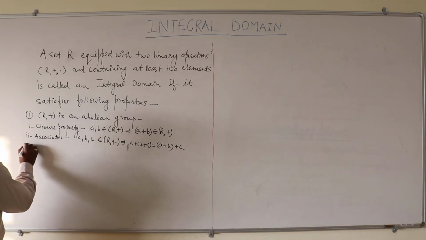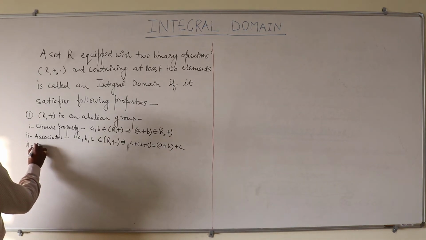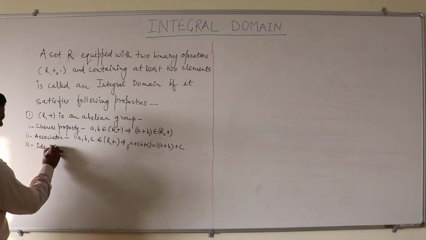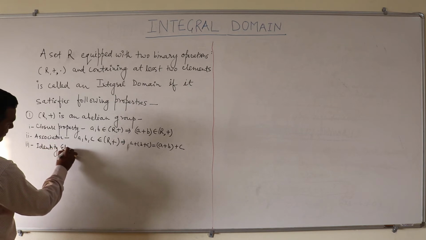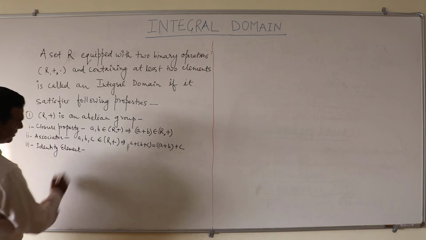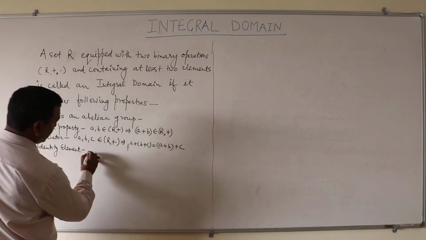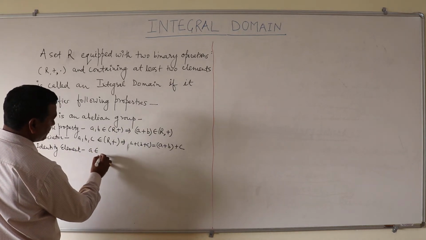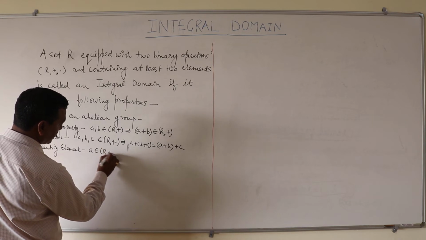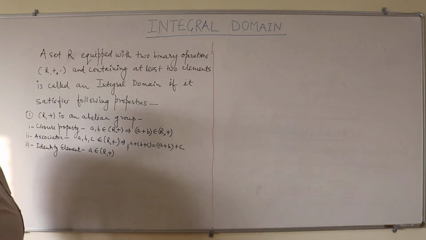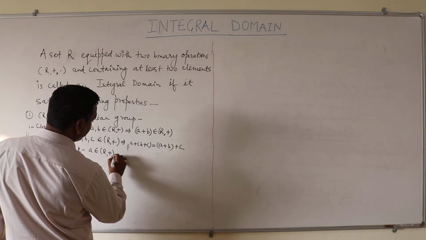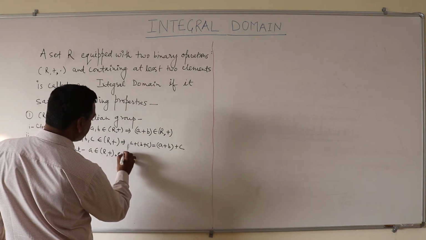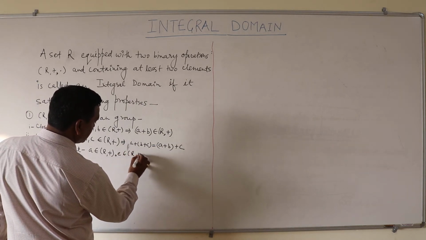Third property is the identity element, means if a belongs to this R, then there will be an element, let us say e, that will also belong to this R plus.